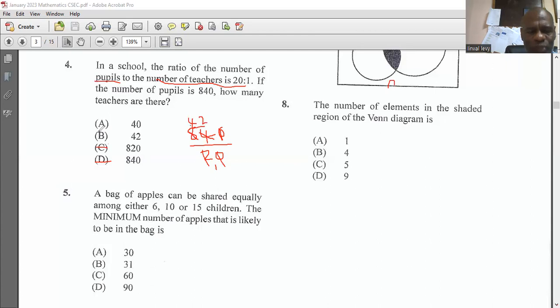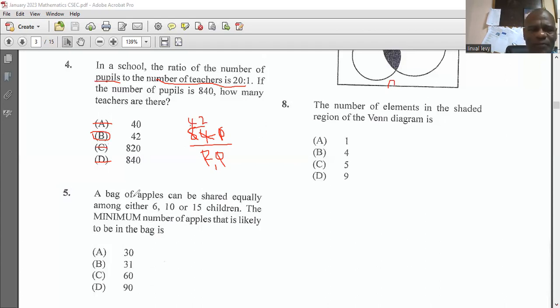So you need 42 teachers, right? So you eliminate A. Now, to check if this answer is correct, you can just multiply 42 by 20. Right? So 2 times 4 is 8, 2 times 2 is 4, you add the 0, that's 840.